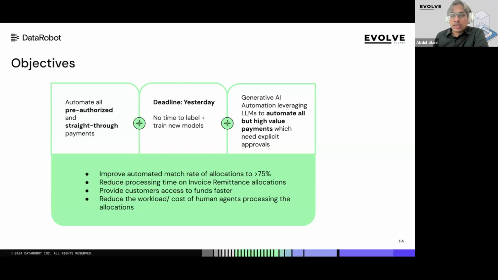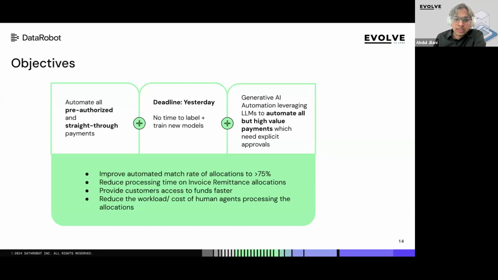But when we looked at models on Hugging Face, the problem was they were trained on generic financial data, but the data that we needed to process all the invoices was something that the model was not trained on. So that's one of the constraints that we had, which is where we understood that generative AI or LLM models are good for this use case, because they are great zero-shot learning models.